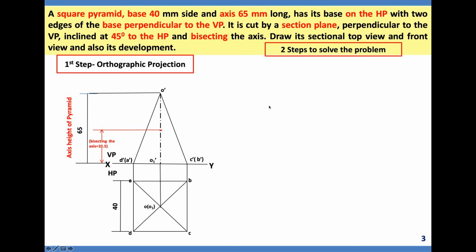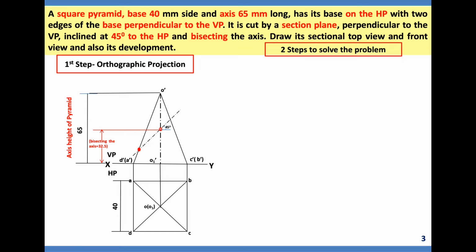At that point, mark a point, take the protractor and introduce the angle 45 degrees and draw the cutting plane, and that cutting plane has to cover the entire pyramid. You can see it has covered. This is one dot.